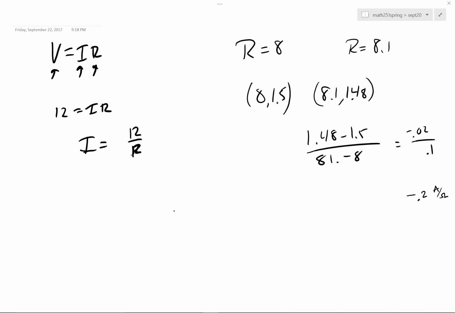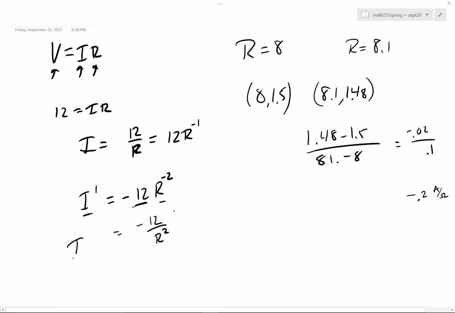Well, to do that, what I'm going to have to do is find the derivative. That's a key word for derivative. So I prime is negative 12R to the minus 2. Fascinating. That says that the change in current is negative as R gets bigger. Okay? And so it's going to be negative 12 over R squared.